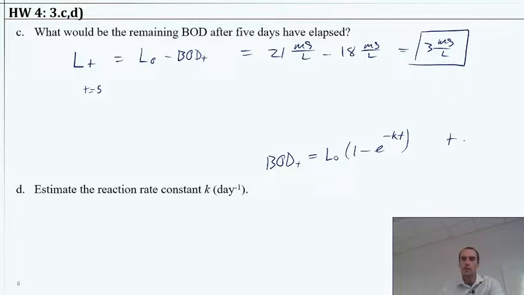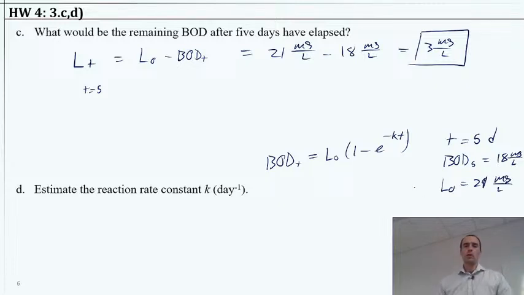So T is 5 days, our BOD at time T, at 5, was our 18 milligrams BOD per liter, and our L0 is 21 milligrams BOD per liter.